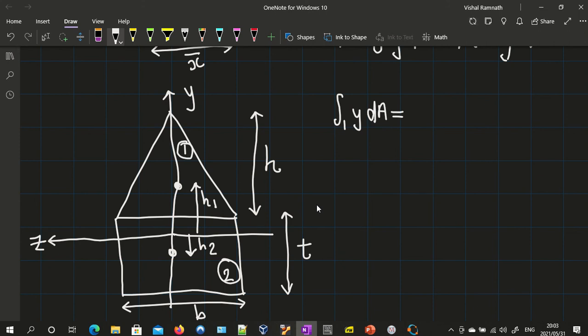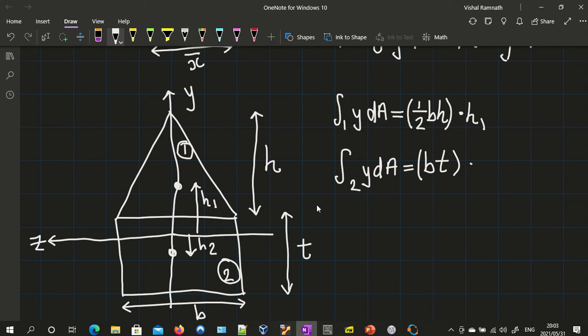then that would just be the area of the triangle. The area of the triangle is half base times height, multiplied by the distance from the centroid to the neutral axis, which is multiplied by h1, and similarly we would have the area multiplied by h2.